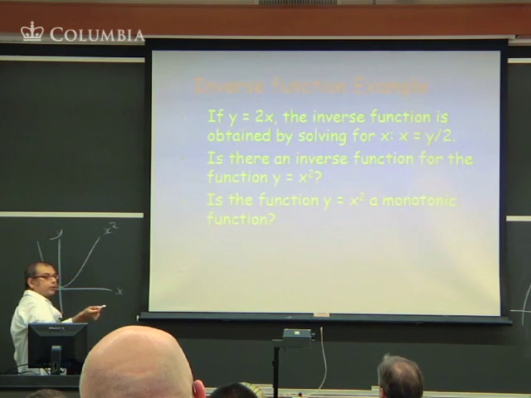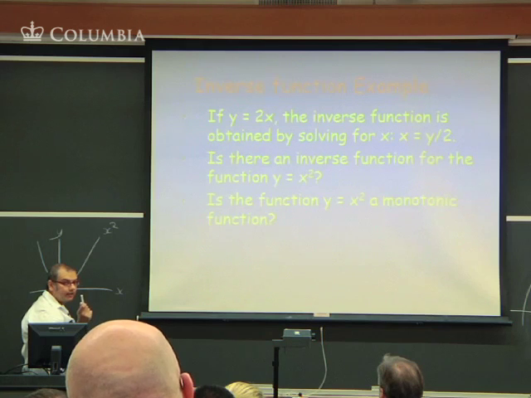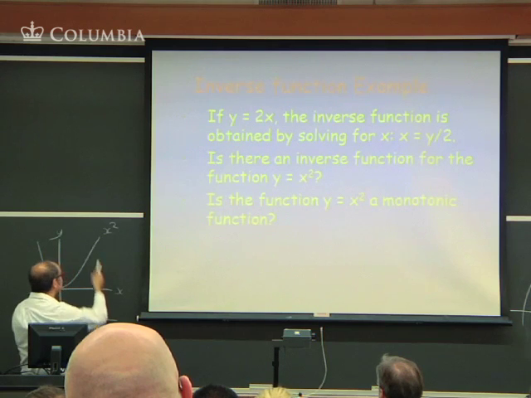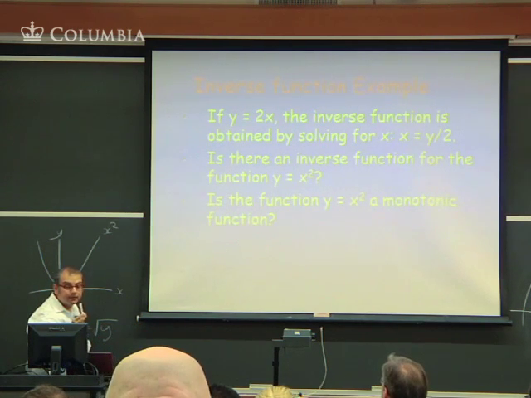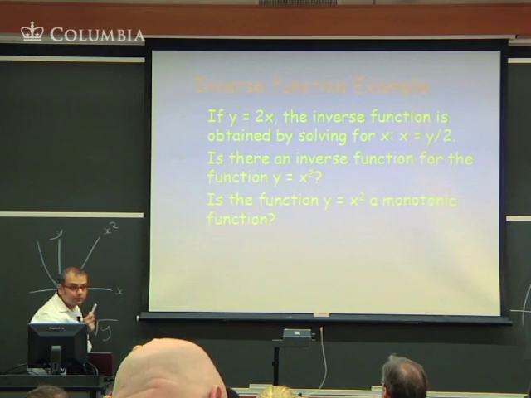Okay, so we have one vote for square root of x. Any other? Okay, so x equals square root of y. Okay, so that certainly reverses the process of squaring. It could be minus, right?